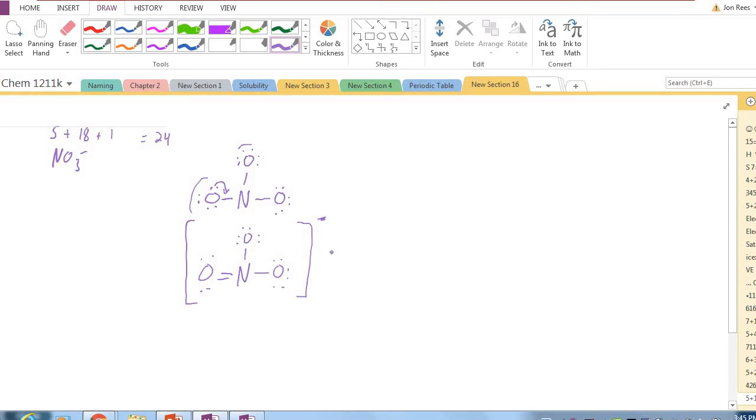And so what I can do is go ahead and draw my resonance arrows. And I can draw, again, the oxygen, nitrogen, oxygen, oxygen. But now I can put my double bond here. And so if I fill in my valence electrons around the terminal atoms here, then I also have, oops, I got that pair, so let's get rid of that pair.